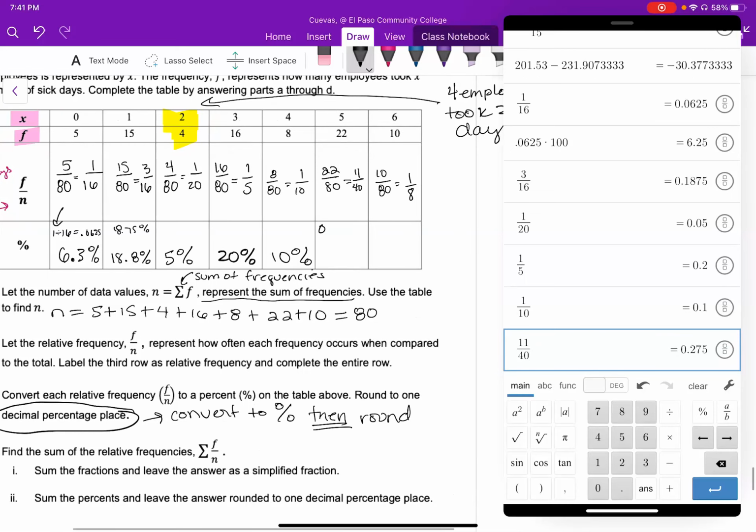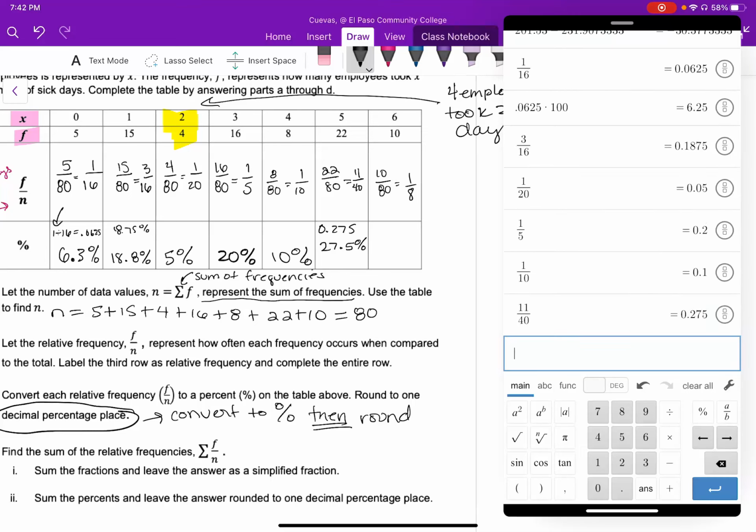So we're going to do 0.275. Check it out. I'm going to first go to decimal. And if you notice, I didn't even have to round. Please do not change this to 0.3 and then call it 30%. You actually round it up to the tenths place, and that's completely wrong. You got to convert to percentage, then round.